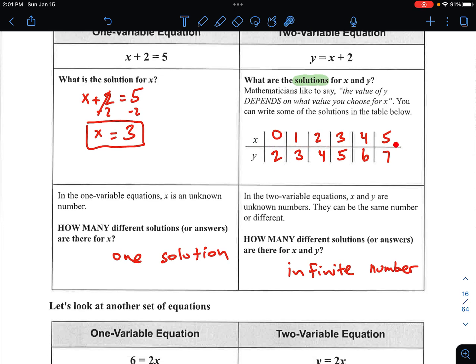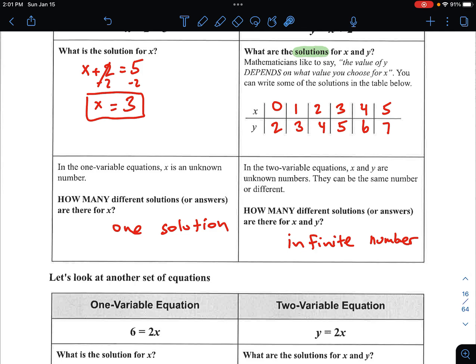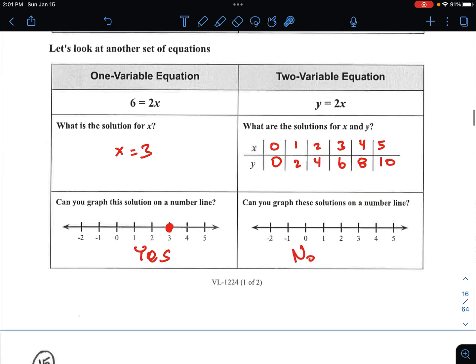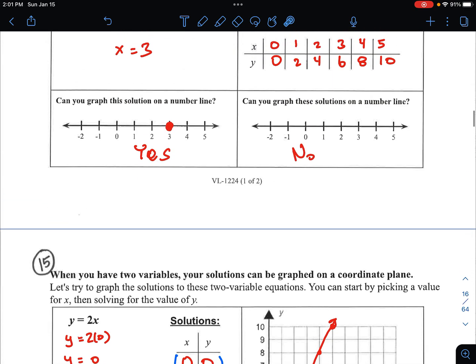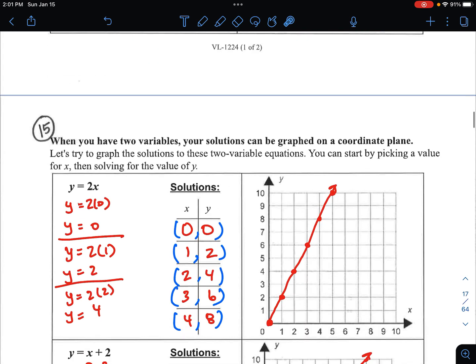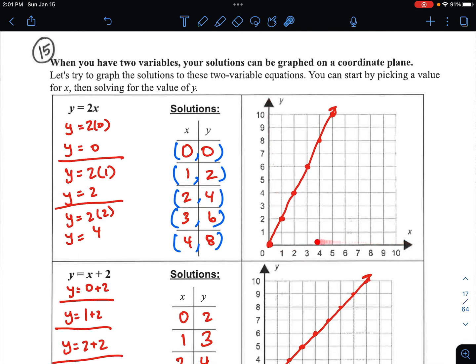Well, you pick a number for x, and what your y solution is depends on what number you put for x. So basically, there's an infinite number of answers. And you cannot graph it on a regular number line. You need a coordinate plane because it has an x and a y number. You need an x and a y axis in order to graph this.